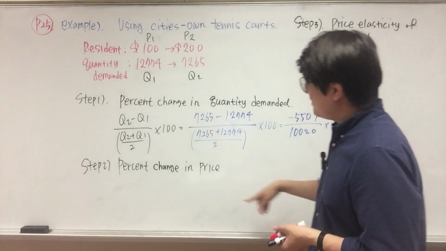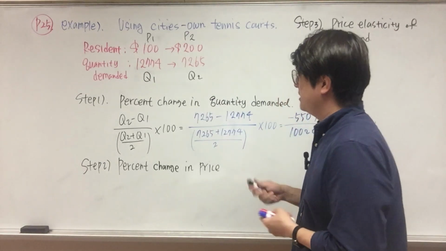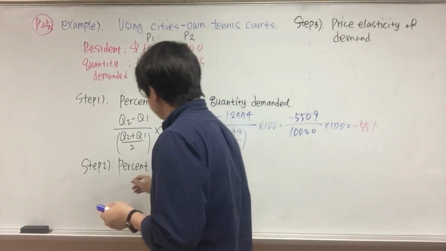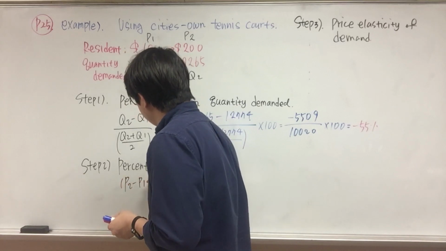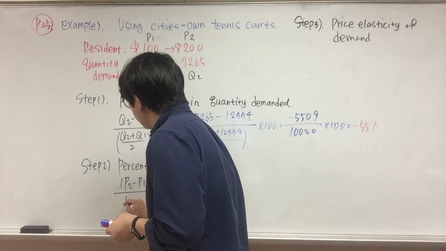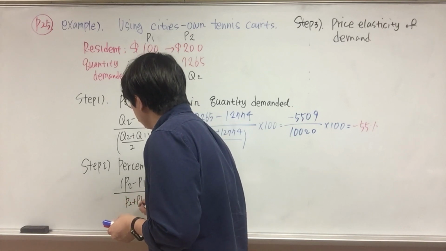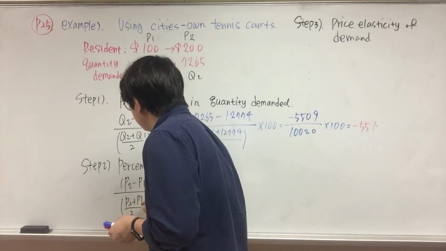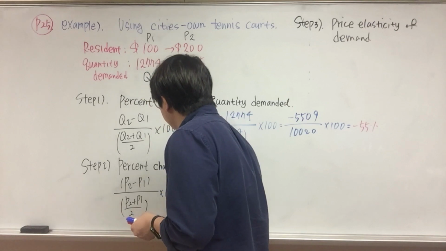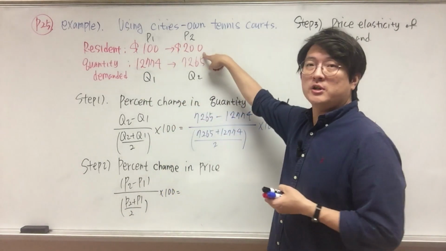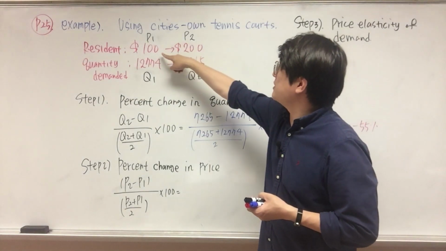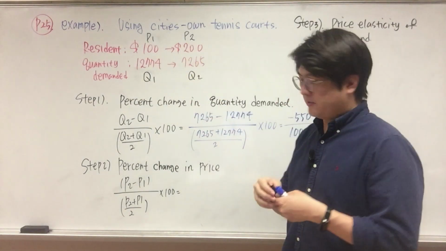So how can you find the percent change in price? The formula is P2 minus P1, divided by the average value, divided by 2, times 100. What was P2? $200. What was P1? $100, right?